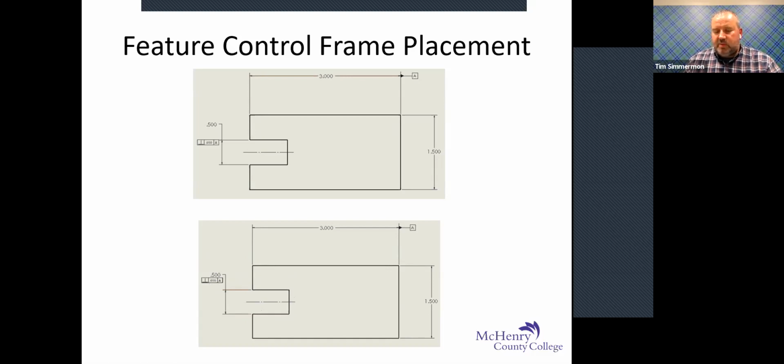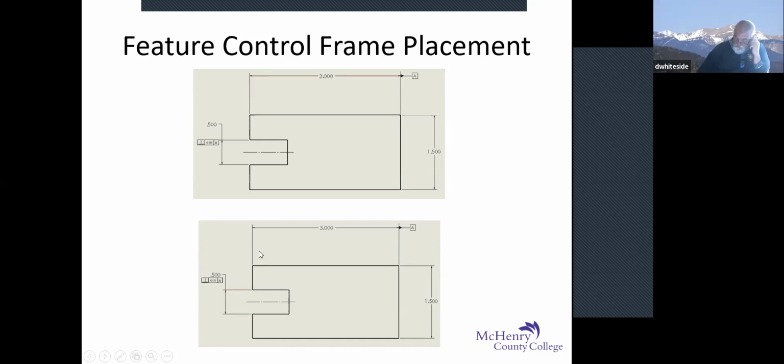So when we're designing a component, we'd have to think about how tight we need that tolerance to be for the feature of size, which is the 0.500, and then how we need to control its form with perpendicularity. In the end, they both have to be in tolerance. You can't have one and not the other. Okay. Does that help you out, Dave?